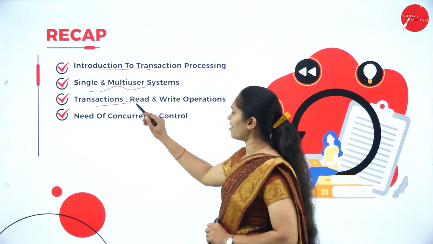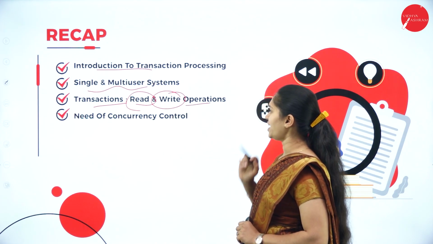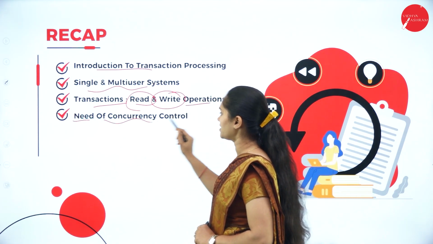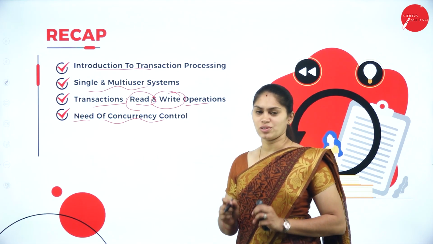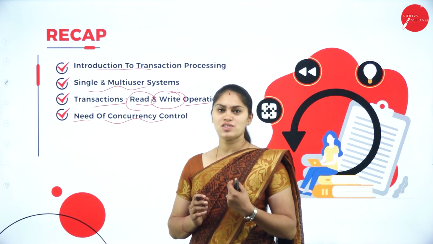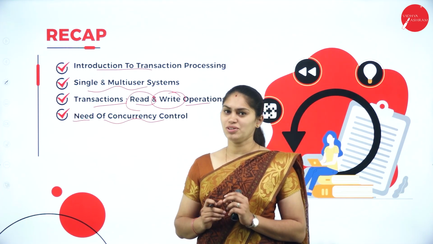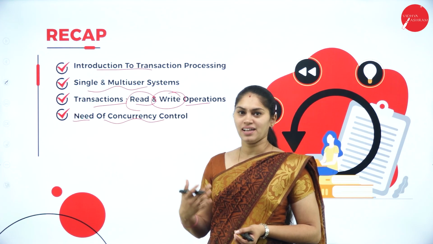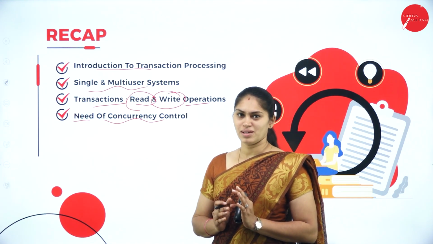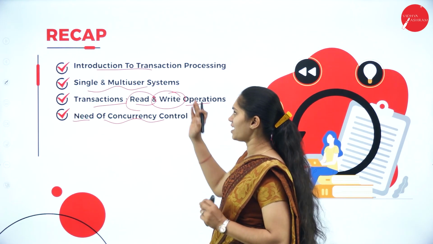I discussed read and write operations, the need for concurrency control, what concurrent execution means and why it is needed, and also write-write conflicts. Along with that, we discussed dirty read problems. That is what we discussed in our last session.